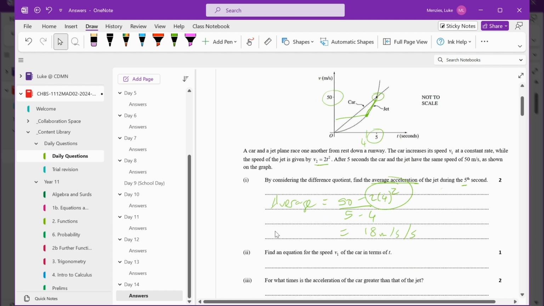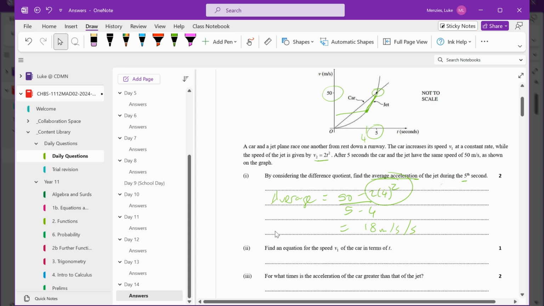Okay, find the equation for V1 in terms of t for the car. Again, it's talking about the car line this time. Can you find the equation of that line? You know the gradient, so I'm going to do the old way. It goes 50 up and 5 across, rise over run.